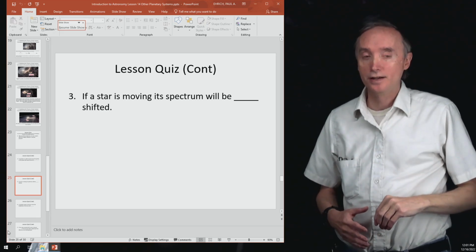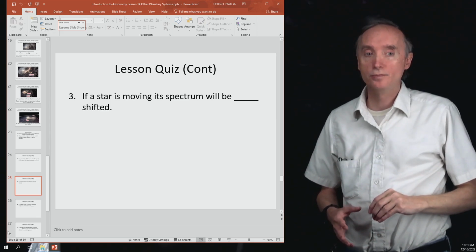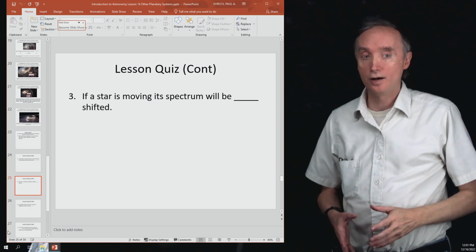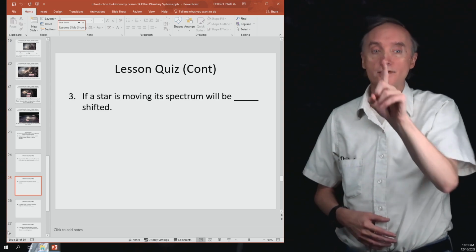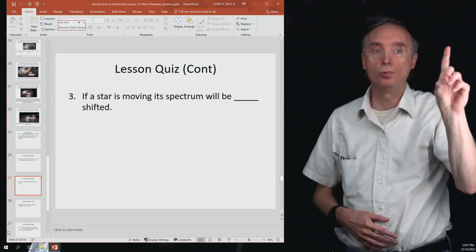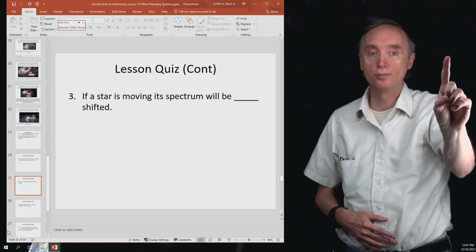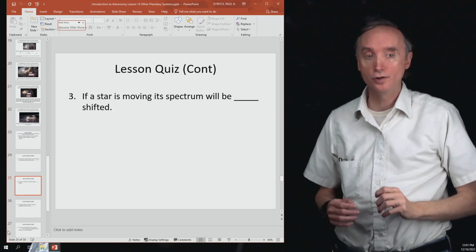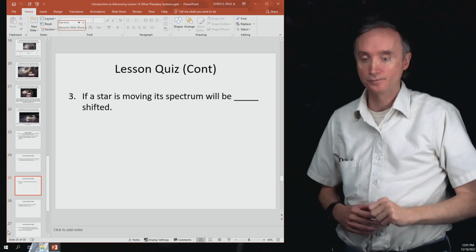So that would mean that its light is going to be blue shifted, or the frequency is going to go up. And then sometimes the star is going to be moving away from us in its orbit, and so that's going to be red shifted, and then the frequency is going to go down.